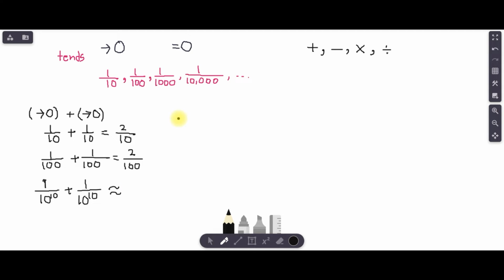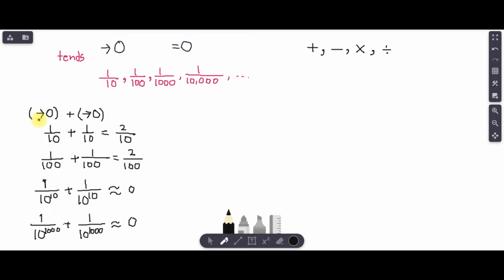So further, if I take 1 by 10 to the power 1000, as this is a very small number and closer to 0, added to another 1 by 10 to the power 1000, this is also pretty close to 0. So this also will be close to 0.